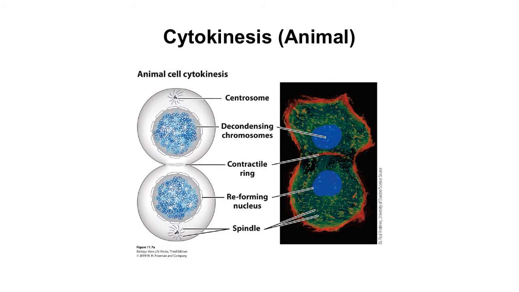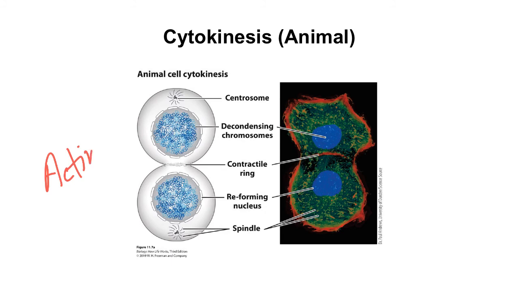So in animals, as mitosis ends, cytokinesis begins, and the parent cell divides into two daughter cells by the formation of a ring of actin filaments.